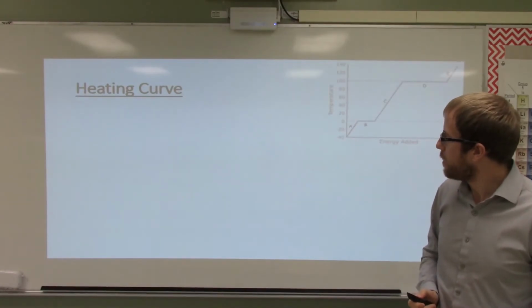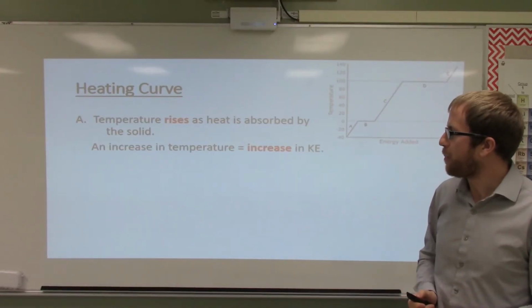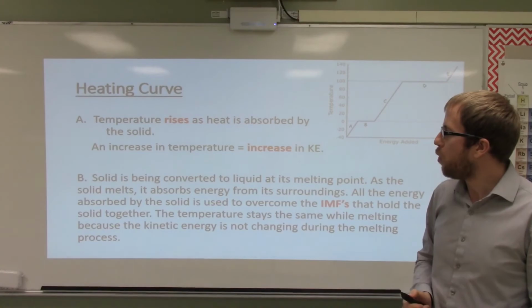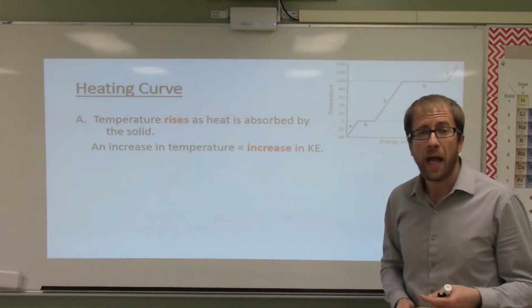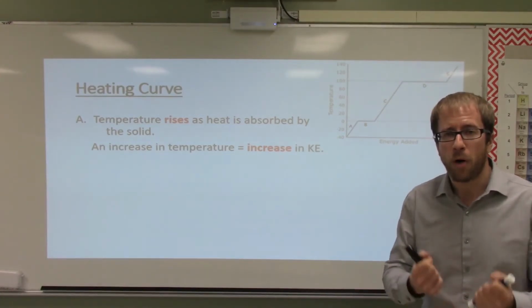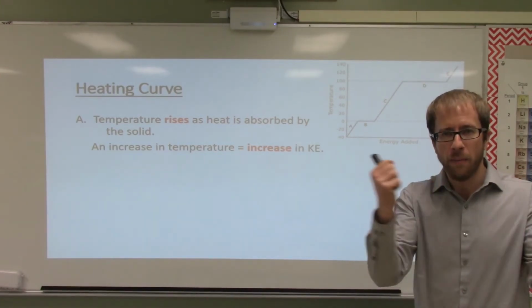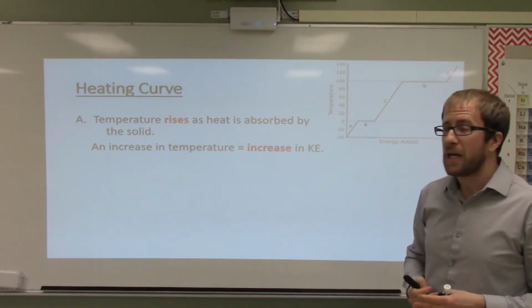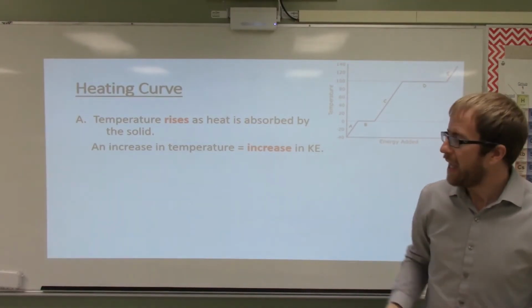Now, let's talk in a little more detail what's happening at those points. So at first, we have a very cold solid. So we're adding heat to the system, and now those particles are going to vibrate more and more and more, and they're increasing in their kinetic energy.